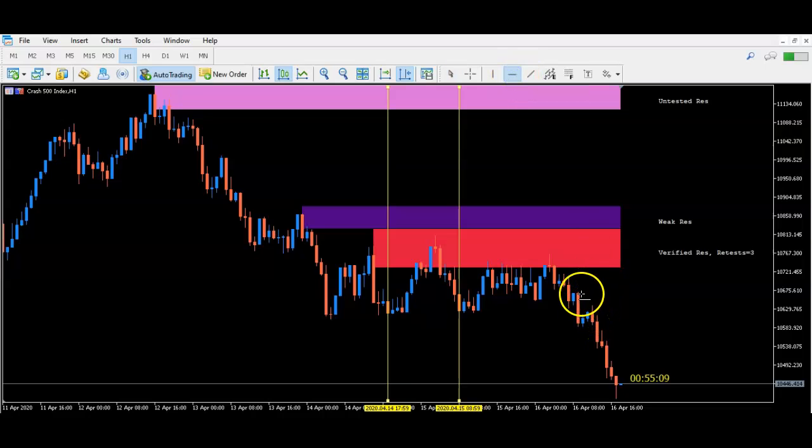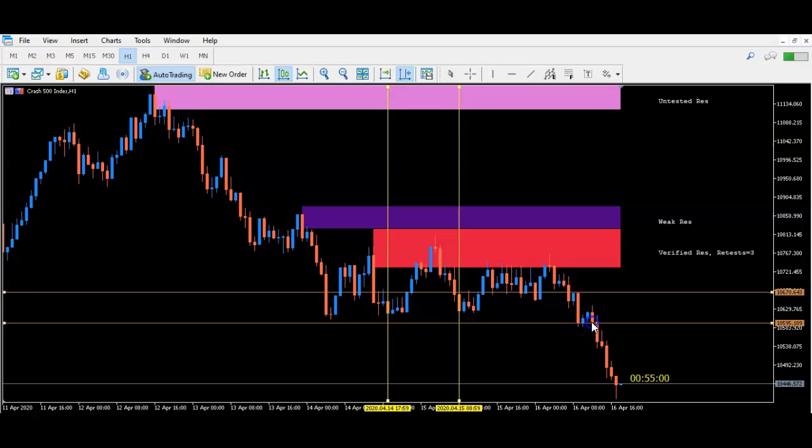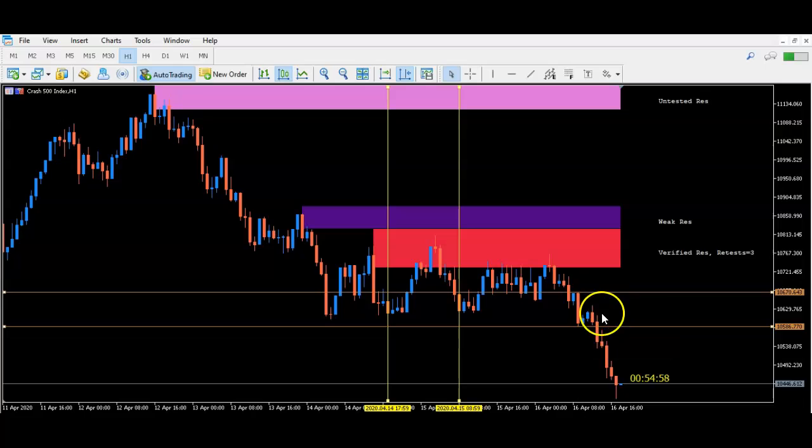Here is the top of the bar, and here is the bottom of the bar. You notice that these three candles following this are inside bars.